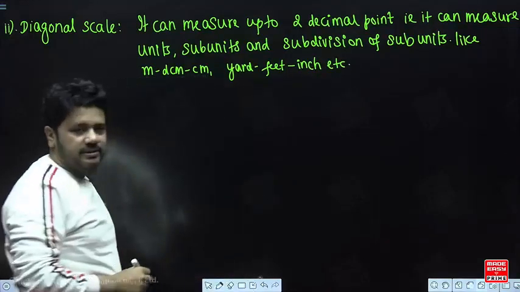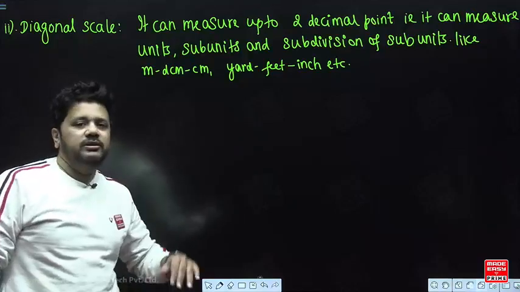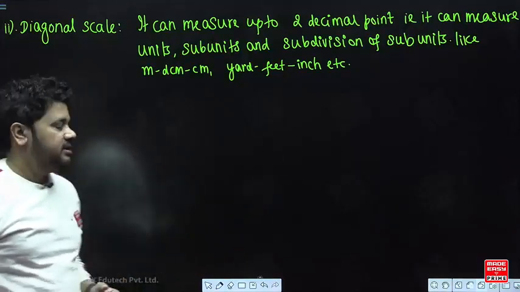So 3 decimal points. Sorry, 2 decimal points. So one will be unit, another subunit, subdivision of subunit.